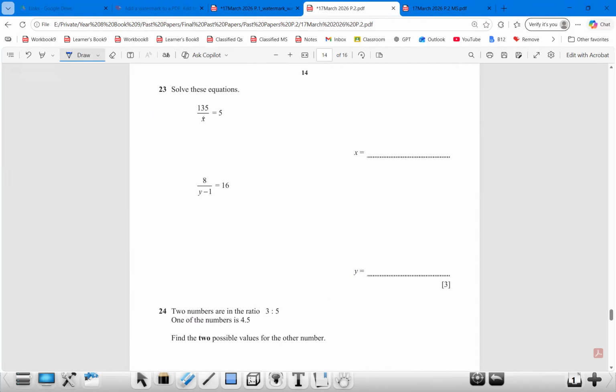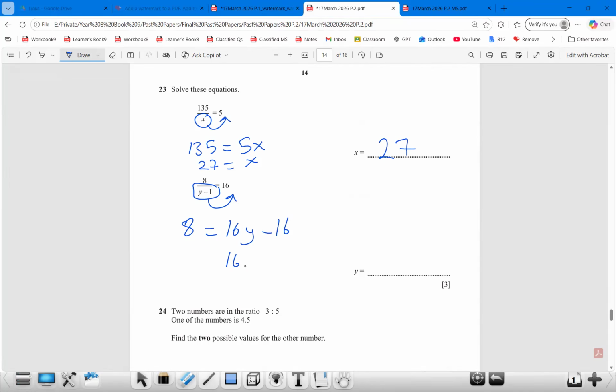Page 14. We agreed if x is in the denominator, you send it to the other side, multiplication. So 135 equals 5x. So x equals 135 divided by 5, which is going to be 27. All right. Next, also, we agreed we send this one to the other side, multiplication. So it is 8 equals 16y minus 16, expanding the brackets.